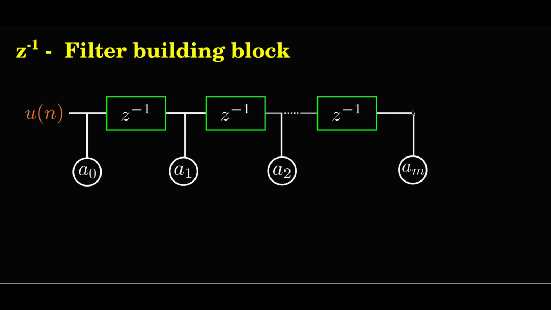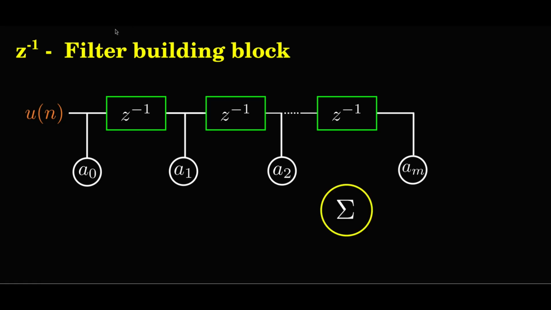Because you have two blocks in series, that is z to the power of minus 2. You have m blocks in series, z to the power of minus m. So after m delays, the value available there would be the present value of u delayed by m sample times. That's what it would mean.